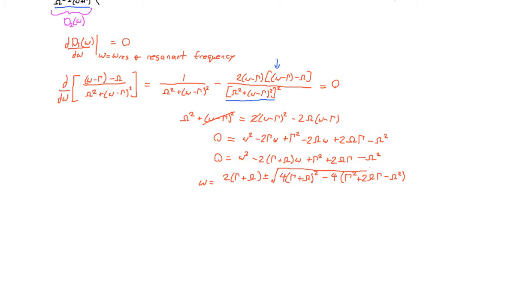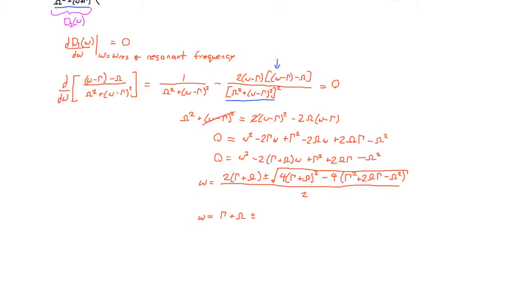Okay. And then that is going to be over 2a, but a is just 1, right? Okay, well, automatically, we can bring a 2 out of the square root, and then that will cancel all the 2's, so then we'll have gamma plus omega plus or minus, okay, so we have a gamma squared here minus a gamma squared here.